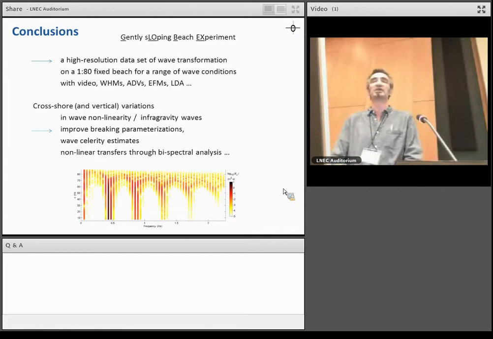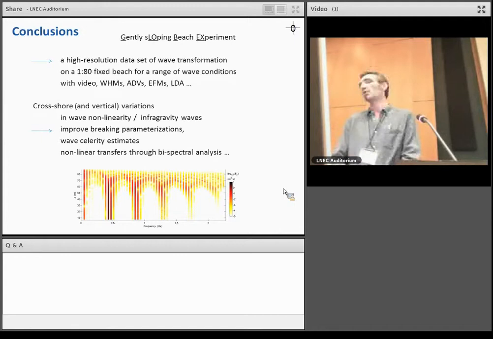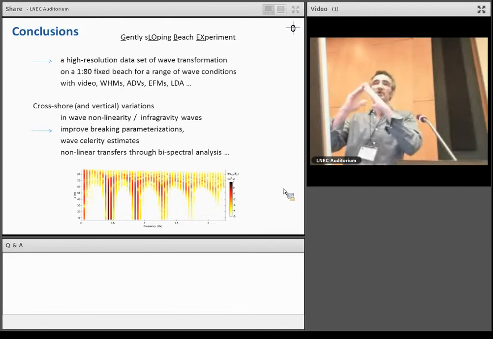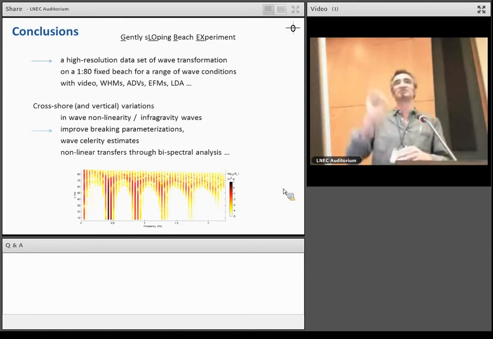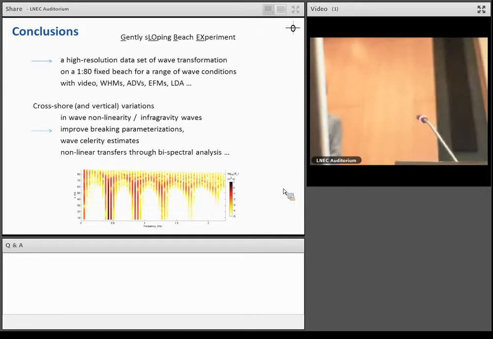I was wondering how the photo time stack, which is an instrument, compares to the wave gauge data. It's a bit difficult because what we have from the video is the brightness that is linked to the slope of the front of the wave and also to the size of the roller.